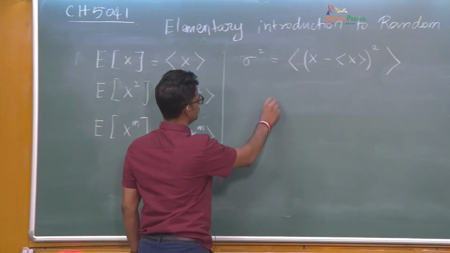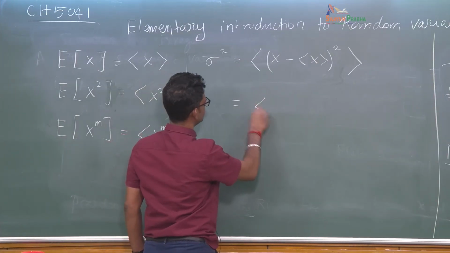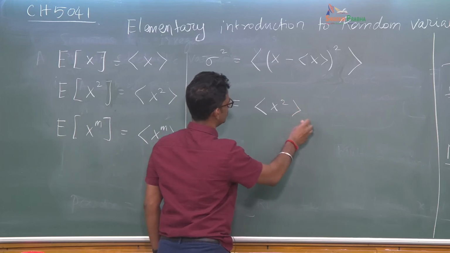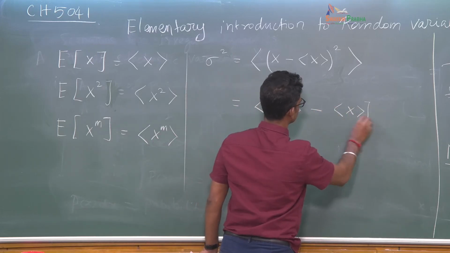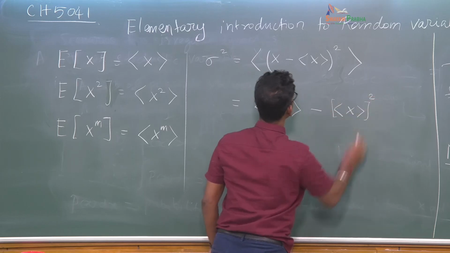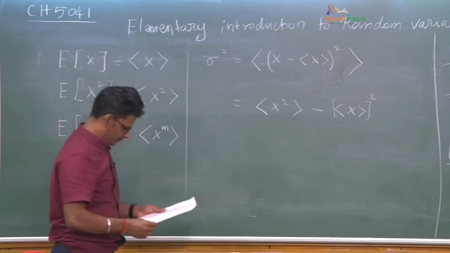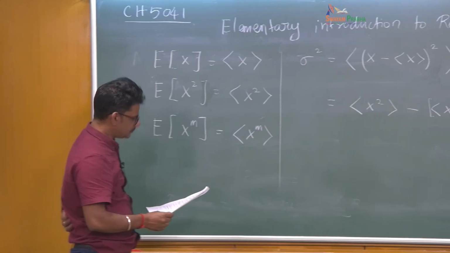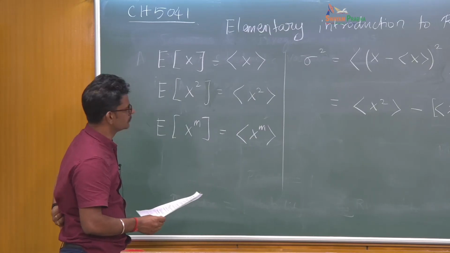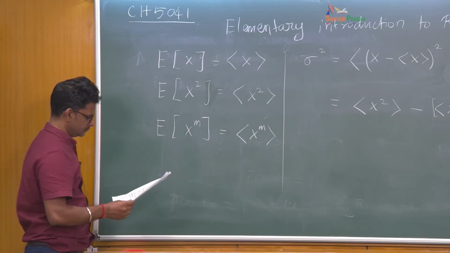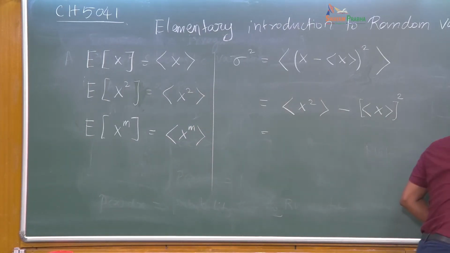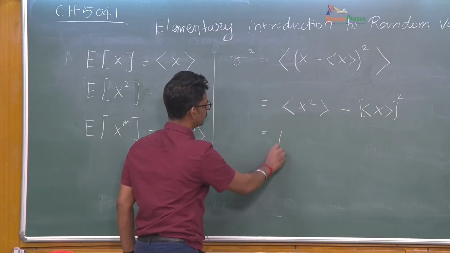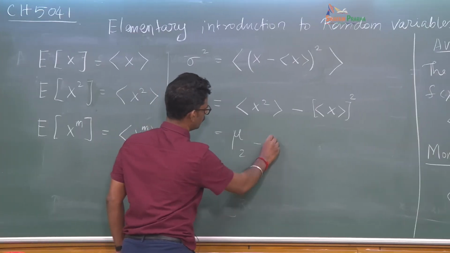If you expand this, you will see that in terms of the notation mu, it becomes mu2 minus mu1 squared.